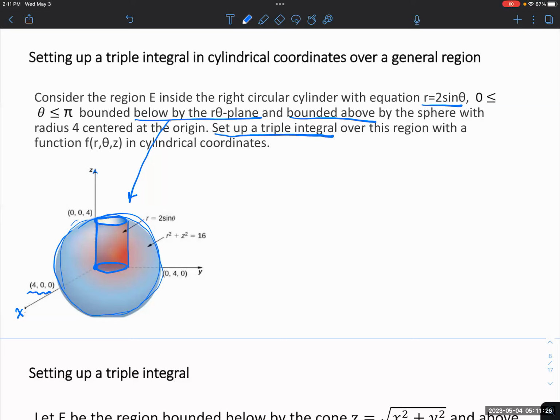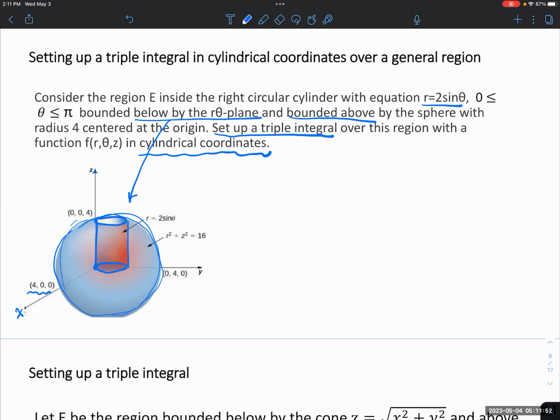Let's take a look at it. Set up a triple integral over the region with the function f(r, theta, z) in the cylindrical coordinate system. Okay, so it looks like they want to find the region that is surrounded by the cylinder and also surrounded by the sphere. So something like the intersection between those two different shapes.